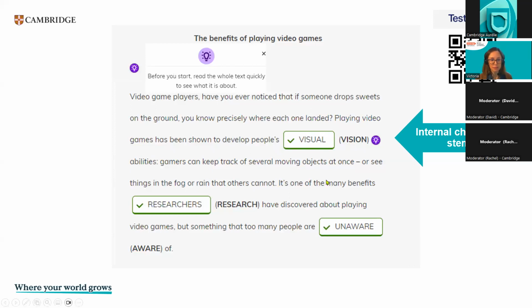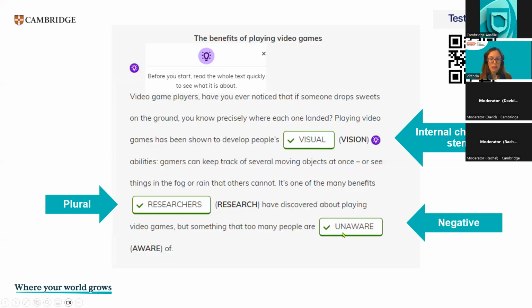Then in this case, we've got the word research, but it is followed by a verb in plural, with have. So this is telling us that what we need is the subject, and that this subject should be plural because we've got have discovered afterwards.